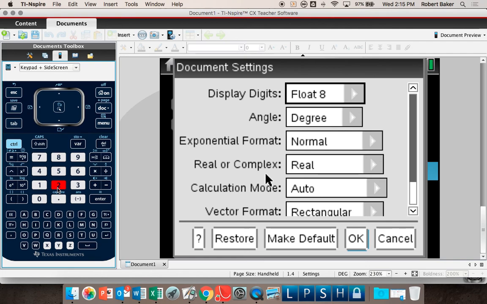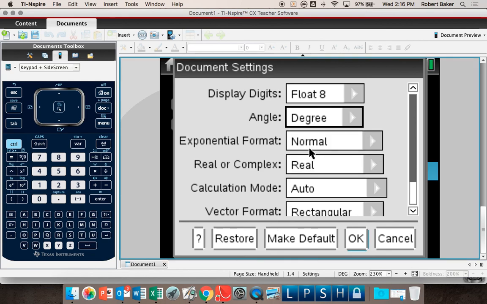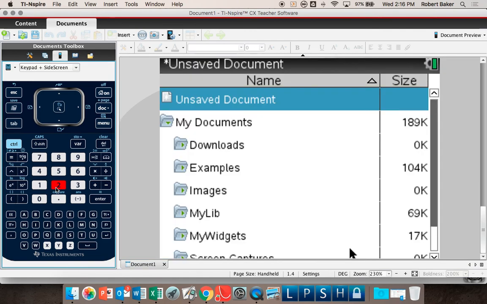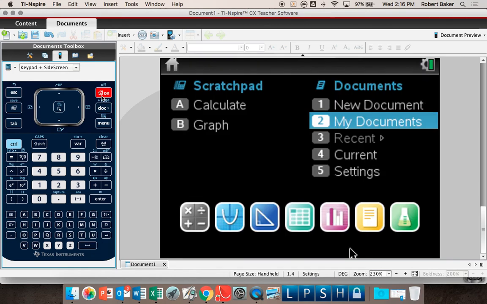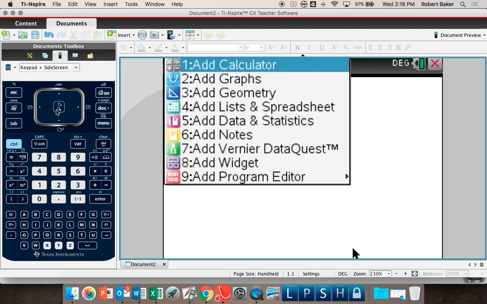If it doesn't, change it to degrees. If it says radians, that's wrong. Make sure it's in degrees. Hit OK. Make sure you hit OK. Then go back and see if it'll work. It worked. Tan 45 is 1. Does it work now? Yes. That's how you always check it: tan 45, make sure it works.